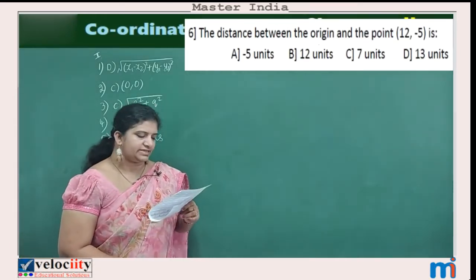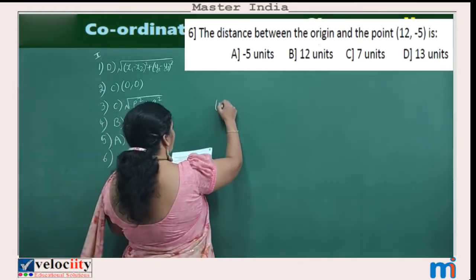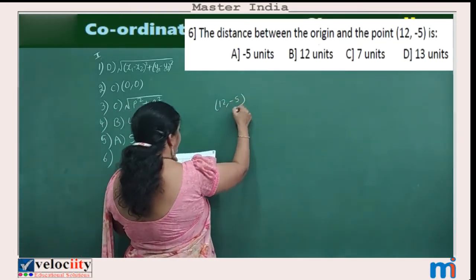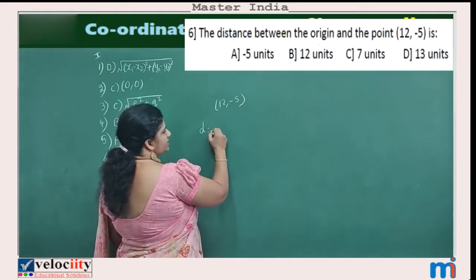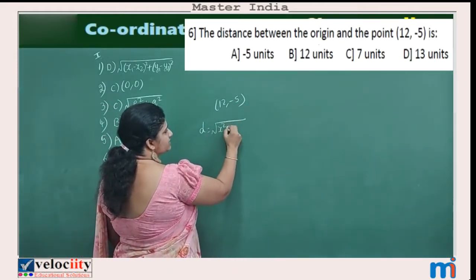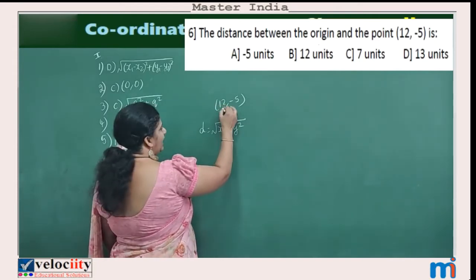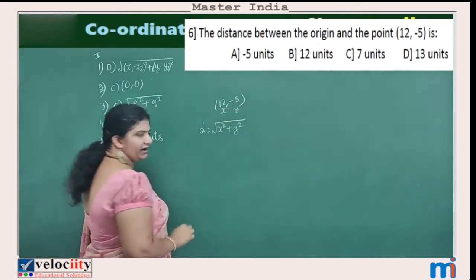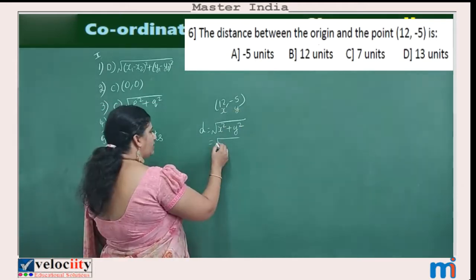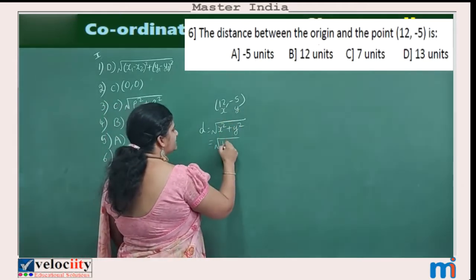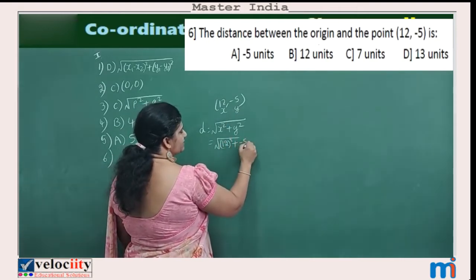Sixth one, the distance between the origin and the point 12 comma minus 5 is. Origin, what is the formula? D is equal to the square root of x square plus y square. No need of writing x1, y1. Directly you can write x, y. Then that will be the square root of x value 12, 12 whole square plus y value minus 5.